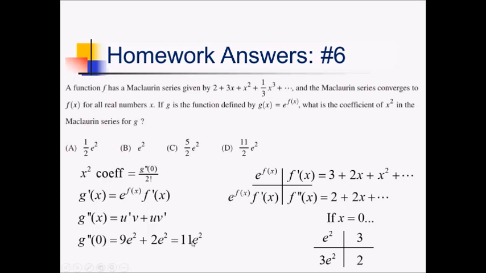But hold on a sec before you pick 11e squared. It's actually not even an answer choice. Remember, we wanted the coefficient of x squared, which was g double prime of 0 over 2 factorial. So we actually have to divide this 11e squared by 2 factorial, which is really just going to be 11 halves e squared. And that matches answer choice D.